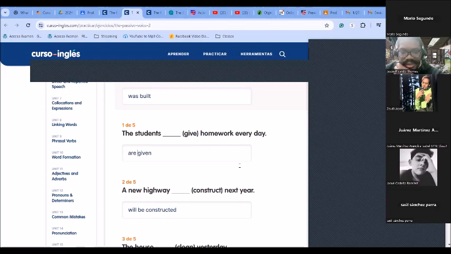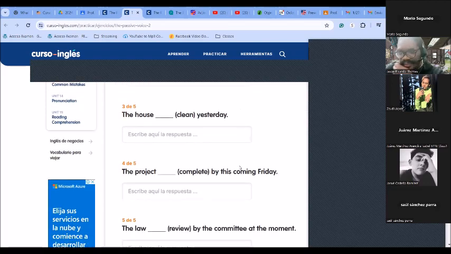All right, Gustavo, number 3. The project was completed by this coming Friday. Okay, that's number 4. By this coming Friday. Present, past, or future?